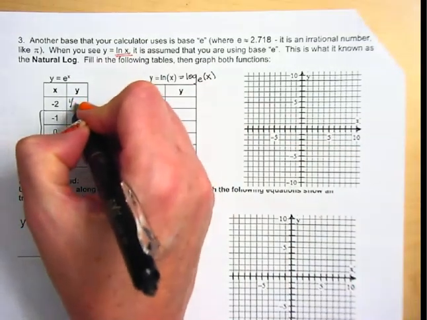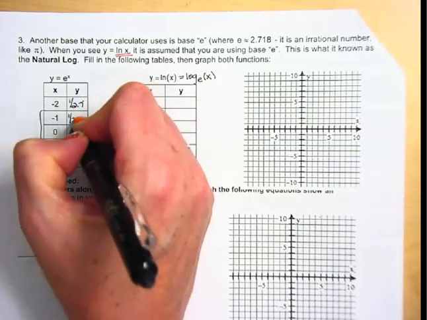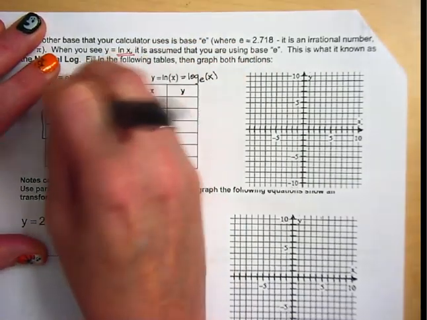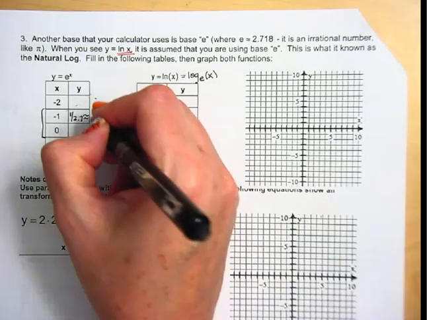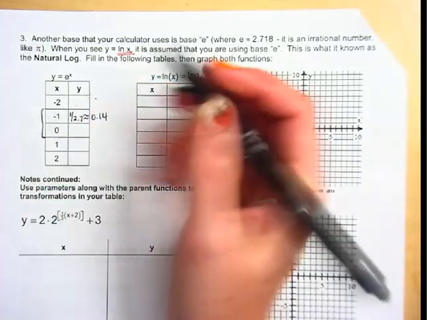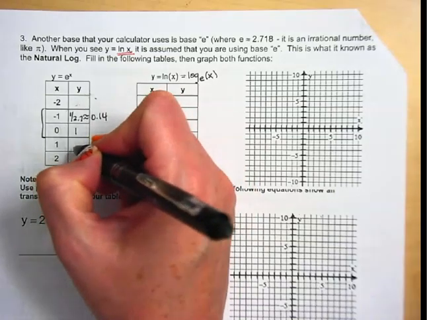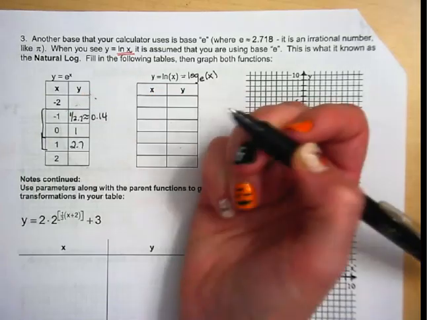So this is 1 over 2.7, which is approximately 0.37. 0 gives me a y value of 1, and 1 gives me a value of 2.7.